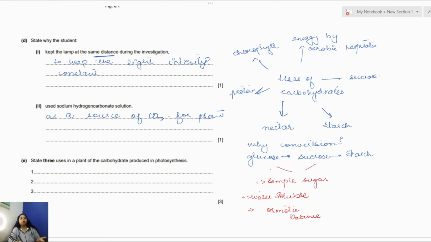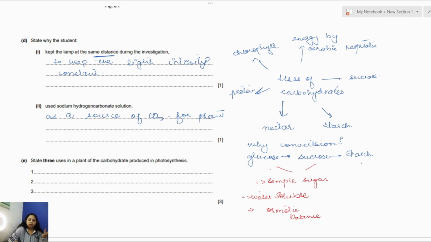If there is less salt, it would become hypotonic. So if the sucrose is present in very high amount in a plant, then the plant would suffer from plasmolysis. They can change the osmotic pressure, related to osmosis.